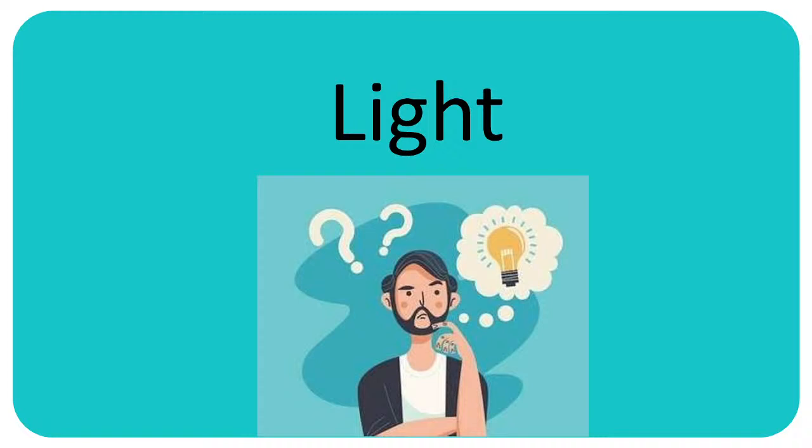So what is light? Have you ever wondered what is light? Because we use this light each and every day. We can't even imagine our life without light. So what is this light? Do you know the answer? Let's see and understand the meaning of light.